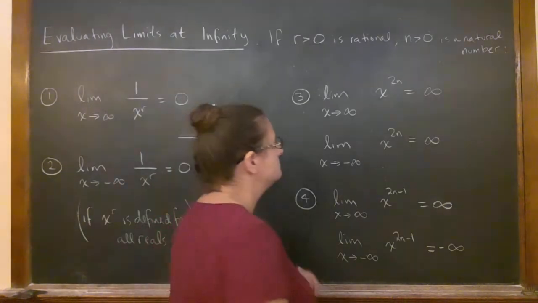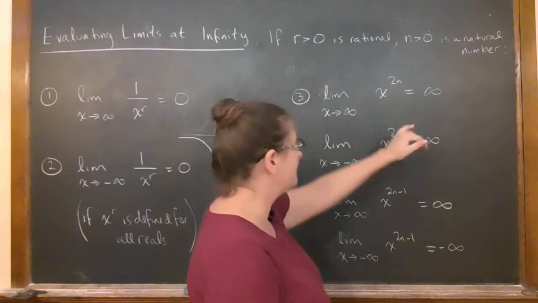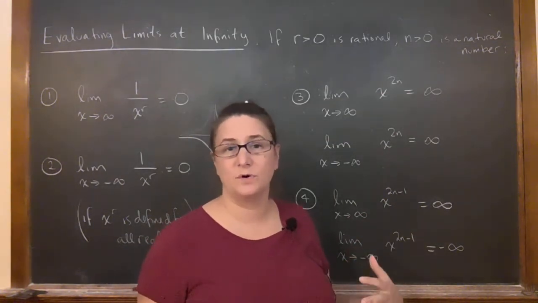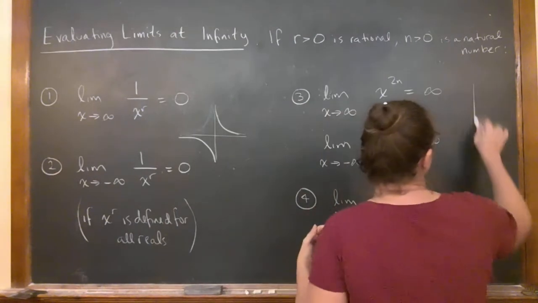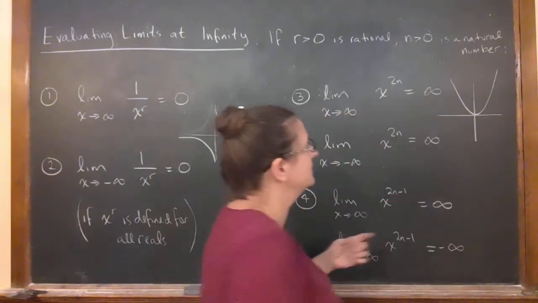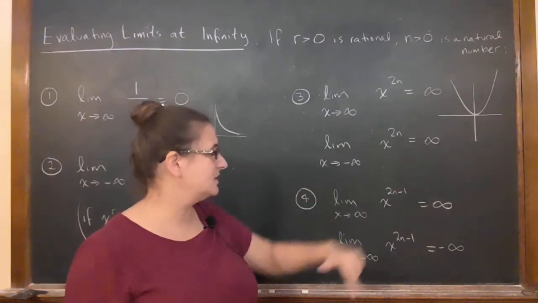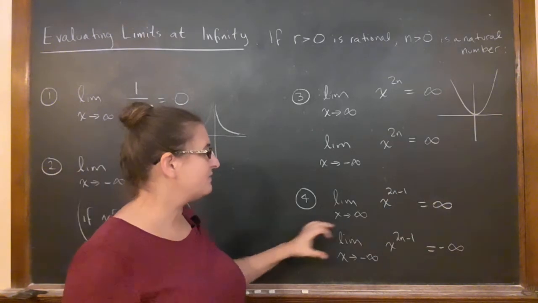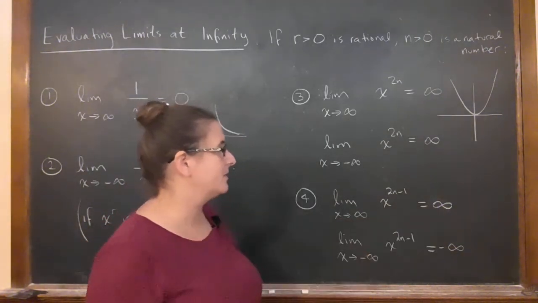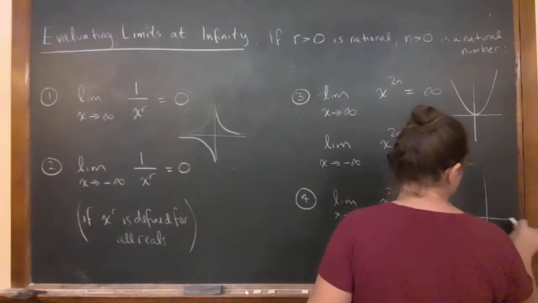For the monomial, if I have an even power, something like x squared, x to the 4th, x to the 6th, this is going to be doing this. Whether I go off to the positive side or to the negative side, it's going to be going off to infinity. However, if I have an odd power, I'm going to positive infinity on the right and negative infinity on the left. So that's going to be something like this.